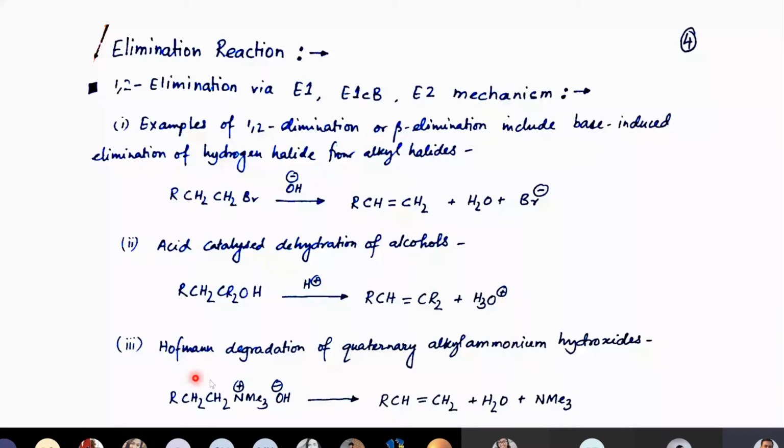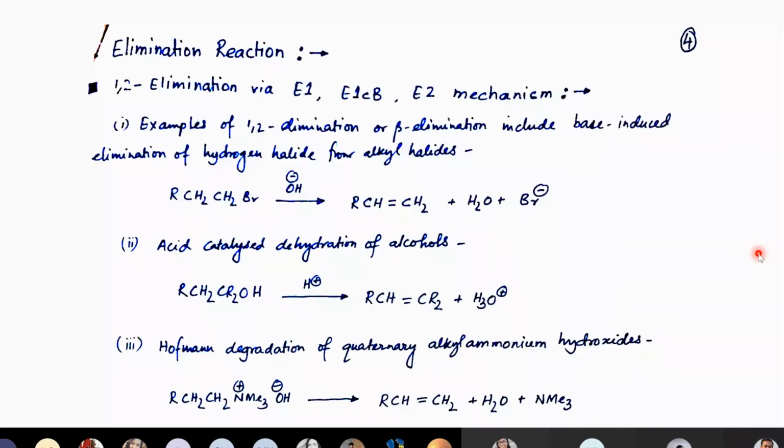Another example which we will study in detail today is the Hofmann degradation of quaternary alkyl ammonium hydroxides. In this case, hydroxide can pick up one of these hydrogens and NMe3 will be released. So again you get this alkene. All these are examples of 1-2 elimination reactions.